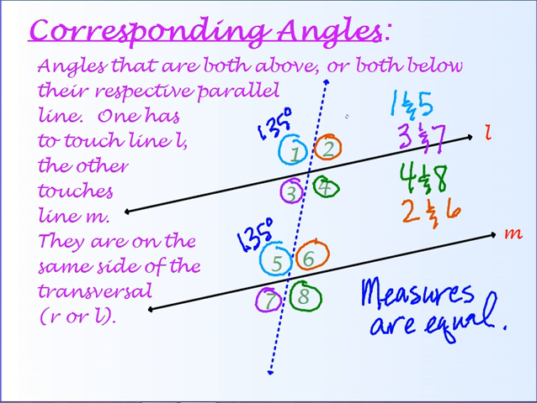If angle 2 was 45 degrees, then angle 6 would have to be 45 degrees. Any pair of corresponding angles have to have the same measure, and it's going to be that way with all corresponding angle pairs.